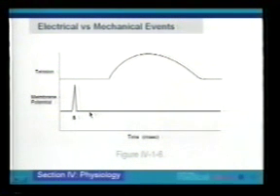Now suppose I generate a second action potential. I can generate and have completed a second action potential before this mechanical event begins. Now the major point here is a second action potential, a second electrical event, will cause more calcium to be released from the sarcoplasmic reticulum.